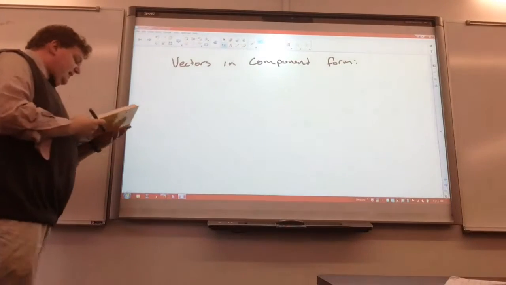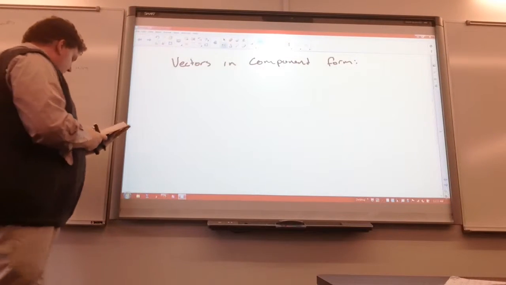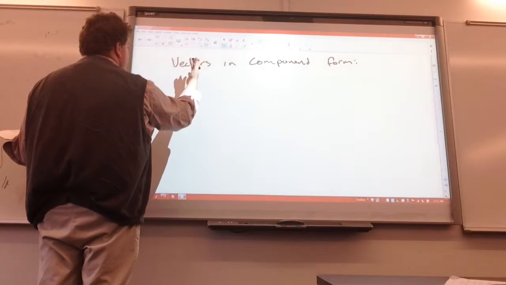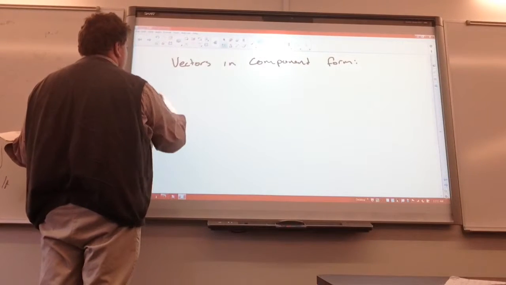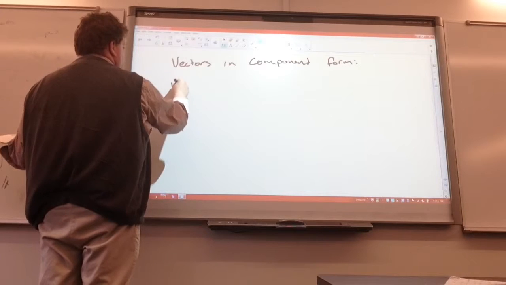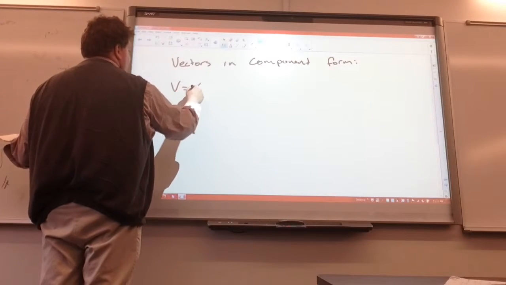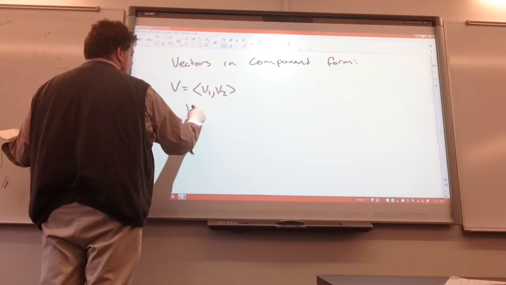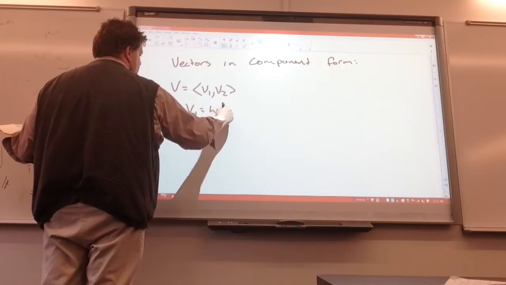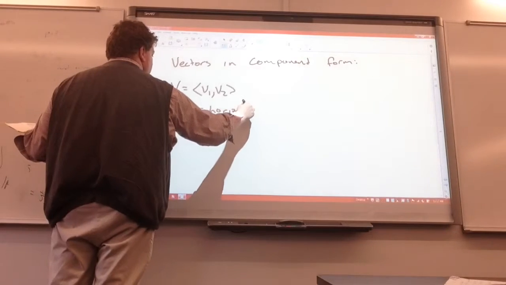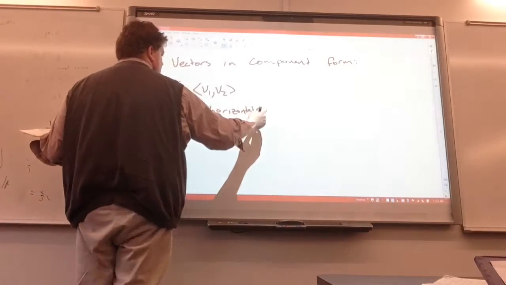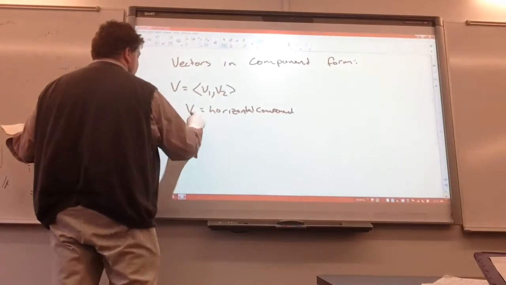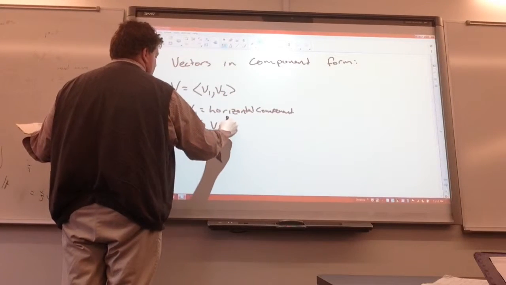And so what that's going to be is basically, we can define the vector in component form as vector v equals v1, v2, where v1 is the horizontal component, and v2 is the vertical component.